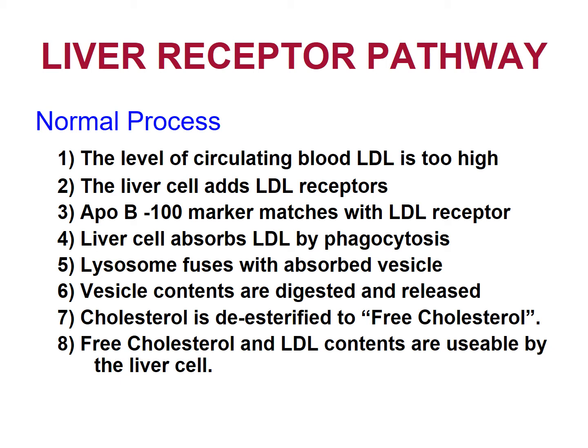Those markers are going to match up with the receptors, and the liver is going to bring that in by phagocytosis. The lysosome is going to break it down. The contents are then released, and they are then usable. And cholesterol will be deesterified to free cholesterol, and we'll talk about that in a second. Free cholesterol and LDL contents are usable by the cell.